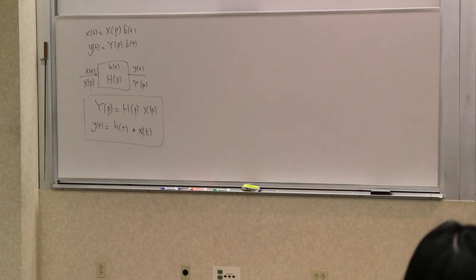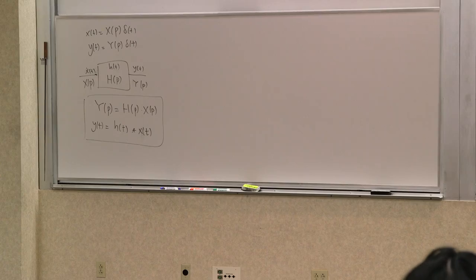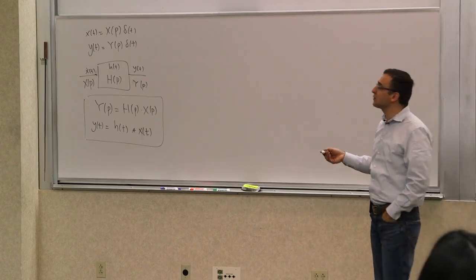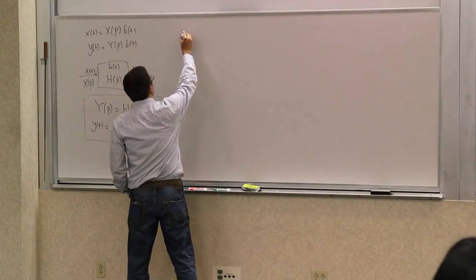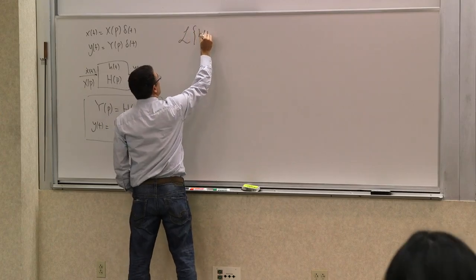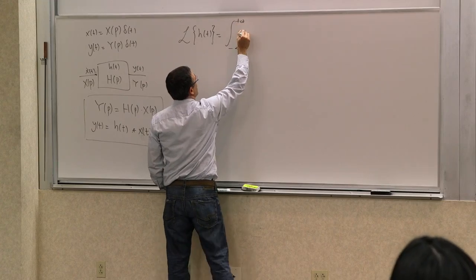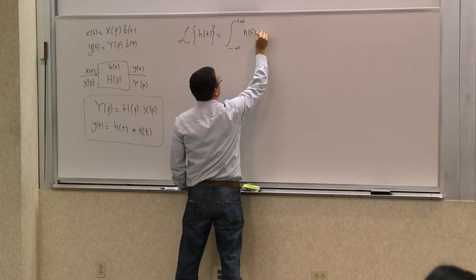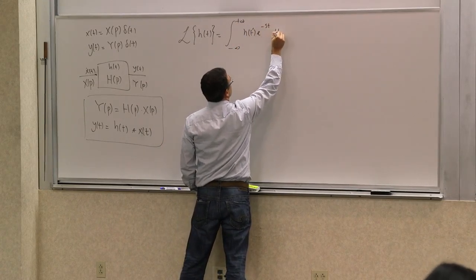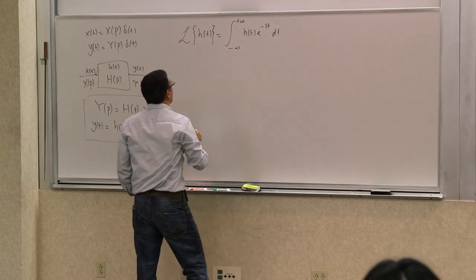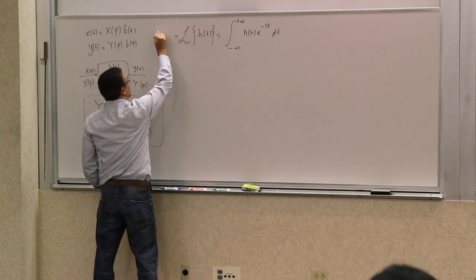Now, we took that, and then we also saw that we could also look at the response of a system to an e to the st input, e to the negative st. And that led us to the Laplace transform. So the Laplace transform of h of t was defined as the integral of h of t e to the negative st dt, which we show with capital H of s.